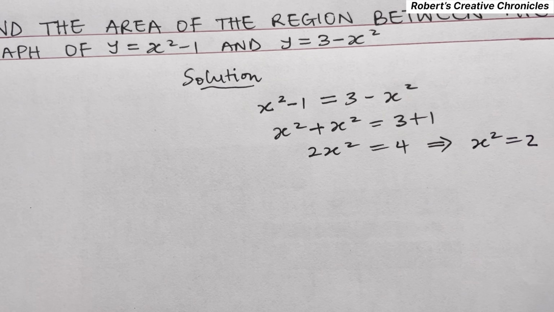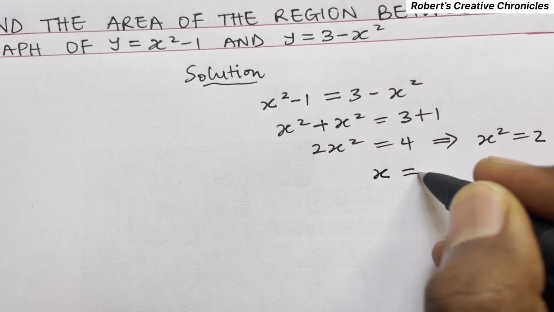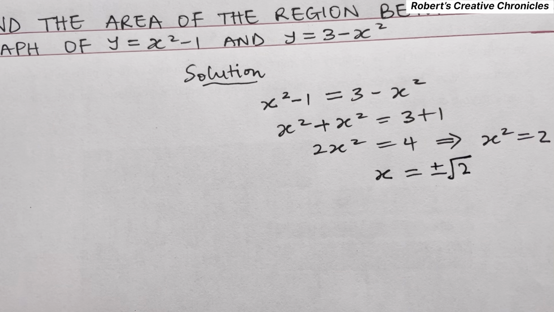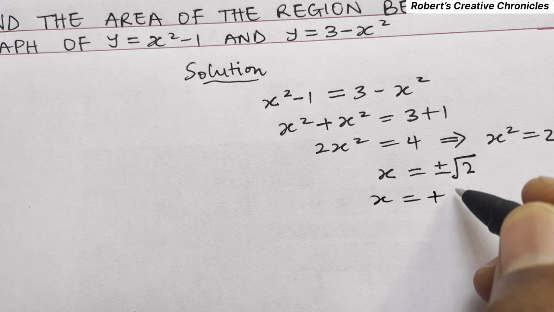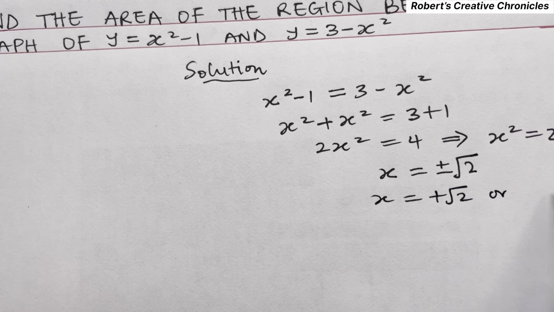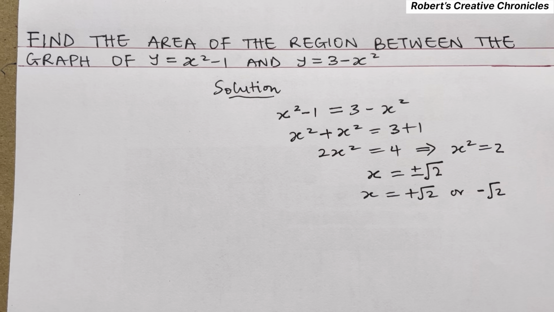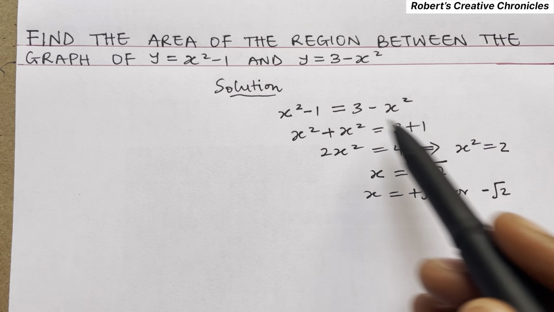So now we'll take the square root of both sides. This becomes x is equal to plus minus square root of 2. So this means that x is equal to plus root 2 or negative root 2. So we have found the values of x for which these two curves meet.